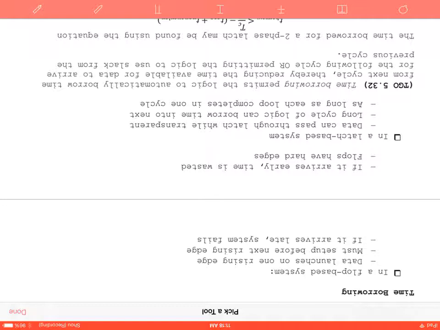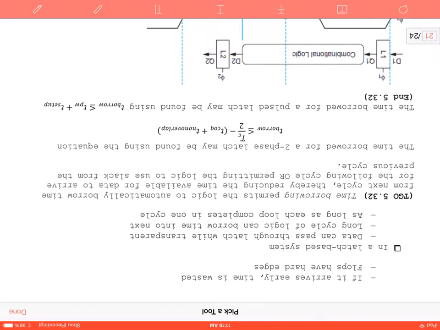If it arrives late, then we're possibly passing on the wrong token. So if something gets there early, and we have time required to do the next calculation, then you potentially want to borrow time from the next cycle in order to make it work.